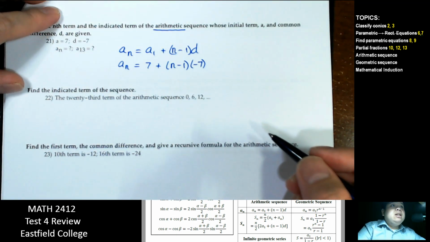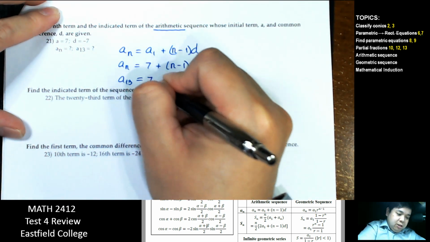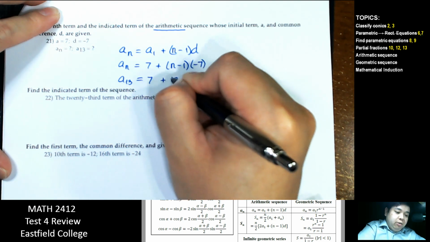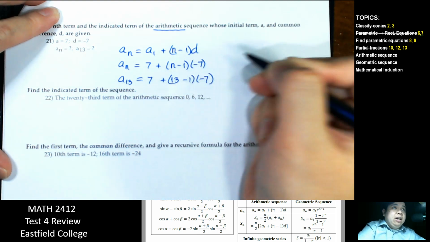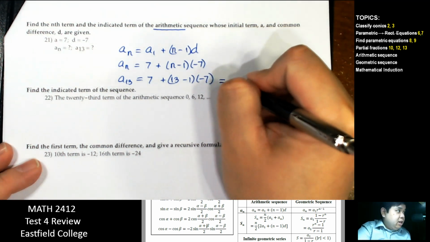So pretty much that. And if we want the 13th term, we're going to put 13 in for n, and whatever that is, I have negative 77.